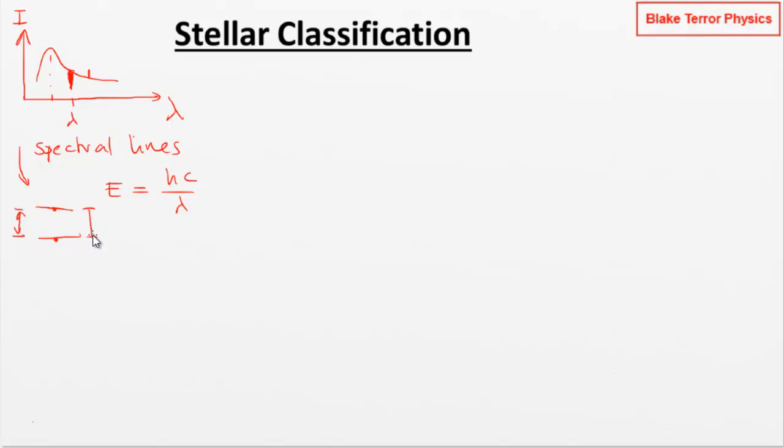Even at a basic level, just having these lines means that the atoms can't be fully ionized. Otherwise, you wouldn't have any electrons doing these transitions. So we need to have electrons going up and down between these energy levels. It can't just be a permanent state of dissociation between the two of them.